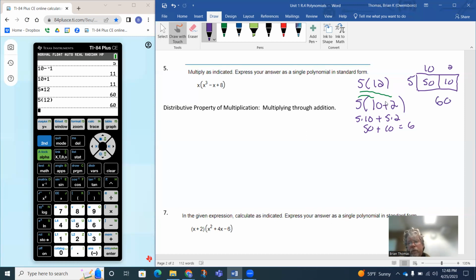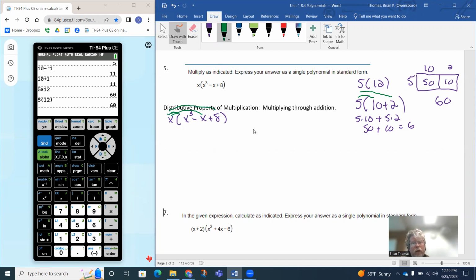So in this problem right here, what I can do is multiply the x to the x cubed minus this x plus this 8. Since there aren't any like terms in the trinomial inside here, what we can do is multiply this x through all 3 pieces.